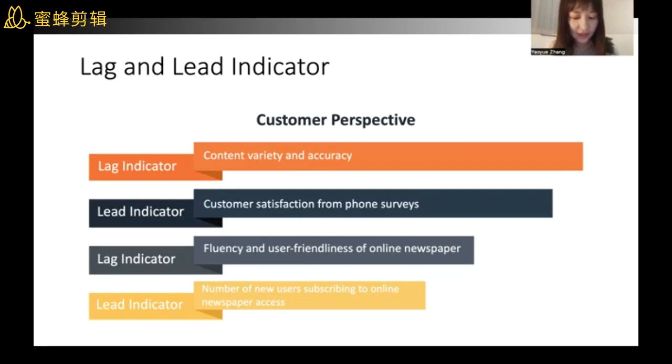By establishing a higher ROI target and providing the corresponding reward for achieving it, managers can help the newspaper division achieve a high ROI. The lag indicator here is ROI percentage. The lead indicator here is the amount of additional profit gained.